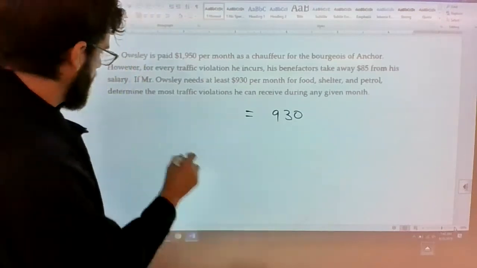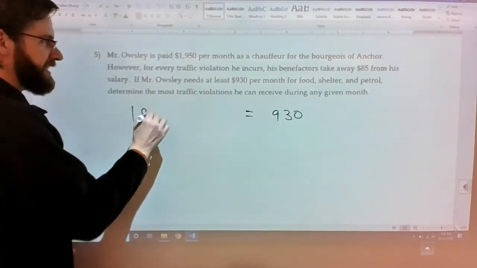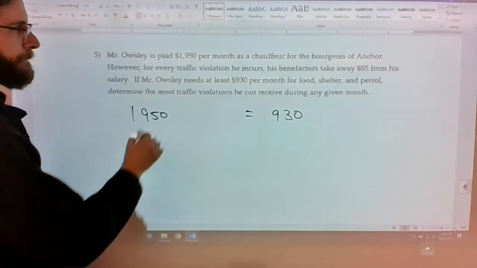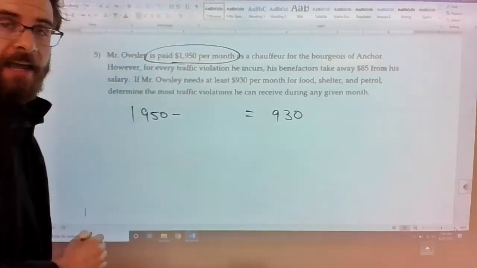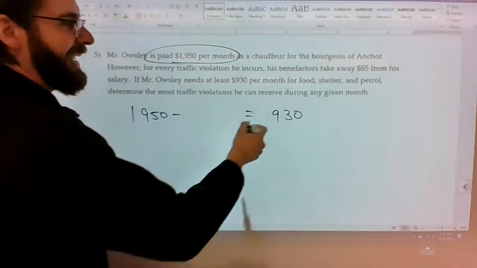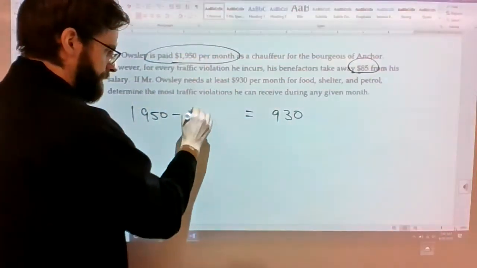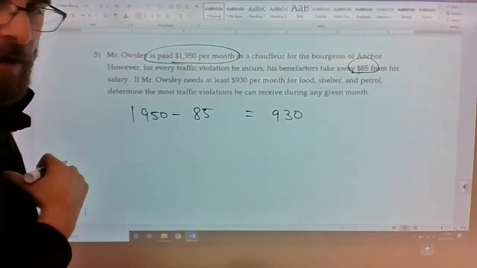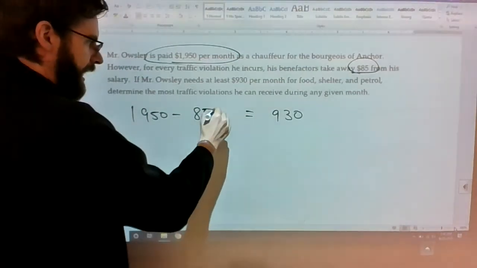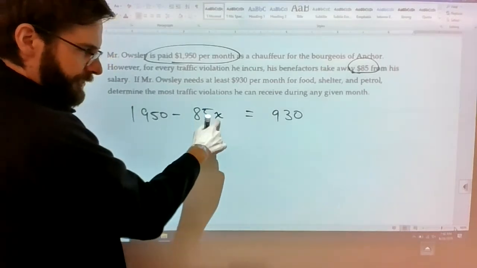I start with $1,950. Okay? That's my starting point. So they're taking away, they're not adding, they're taking away $85 for every single traffic violation that I get on my watch. So what I'm going to do is say, I'm going to let 85 be multiplied by every traffic violation.